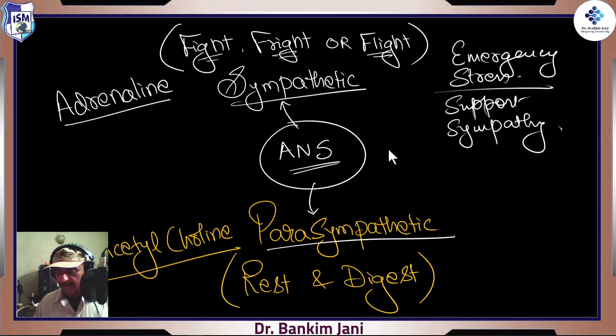Correct? That's why the sympathetic system is there, to sympathize with you, to support you. So that is when you are in stress. And when you are in stress, you have got some options: fight it out, right? Or you are afraid, which is not bad, and then the decision is taken that there is no point in standing over there, run away.